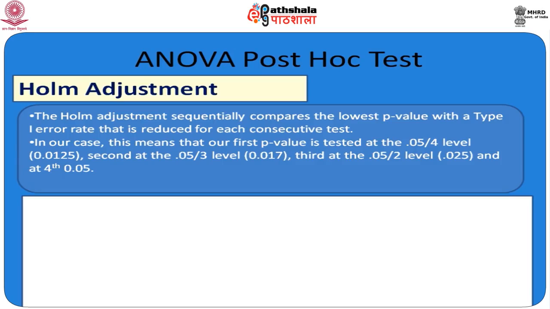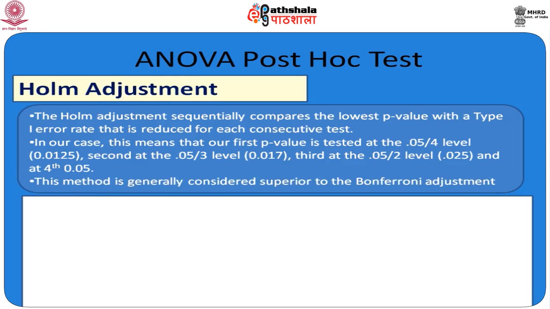There are 4 groups, so 0.05 by 4, that is 0.0125, and the second is 0.05 by 3, that is 0.0167. The third test is 0.05 by 2, that is 0.025, and the fourth is 0.05. This method is generally considered superior to the Bonferroni adjustment.